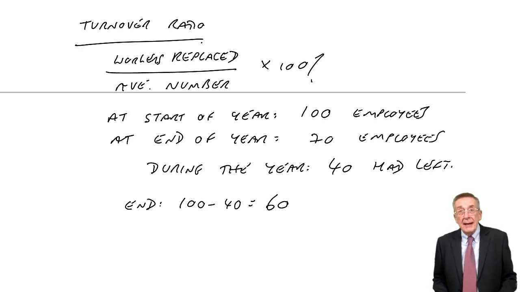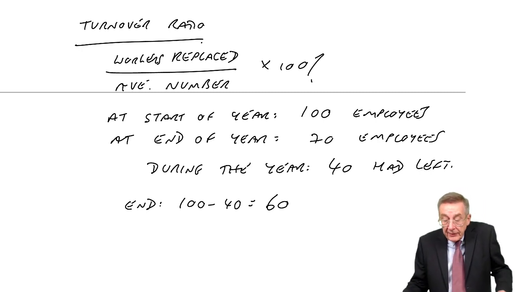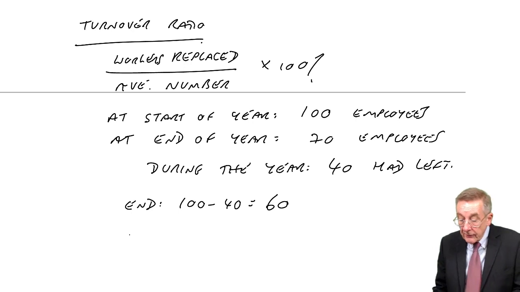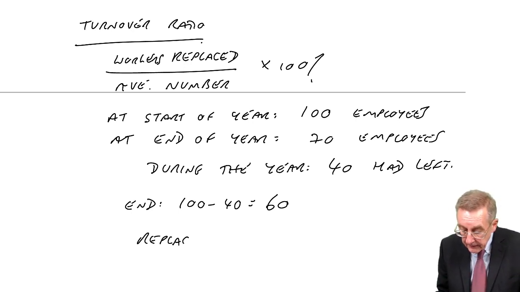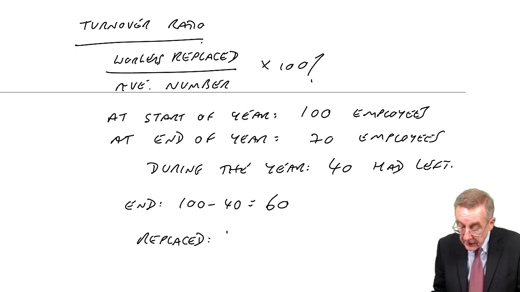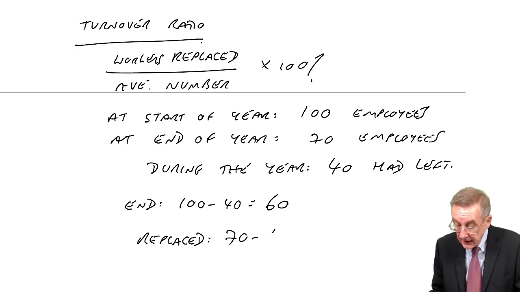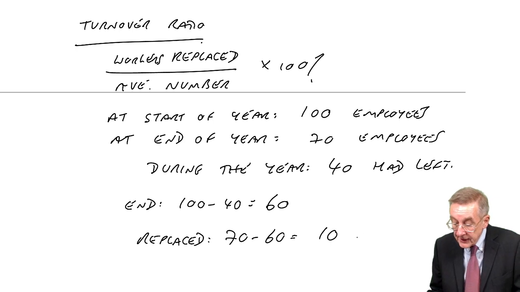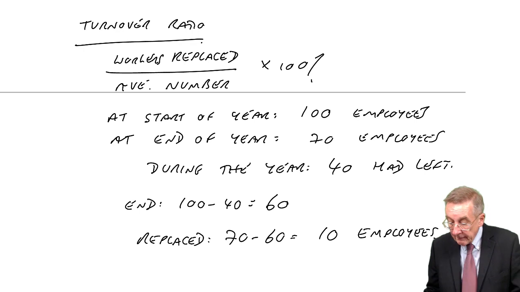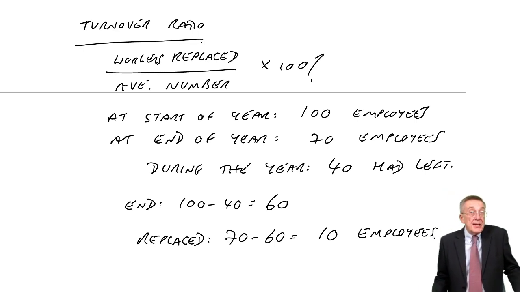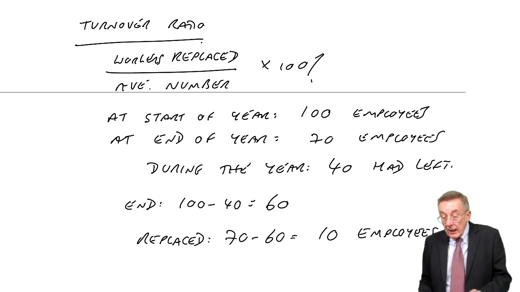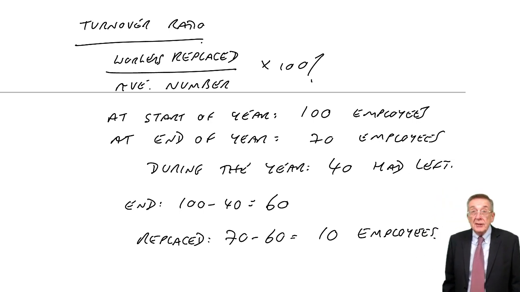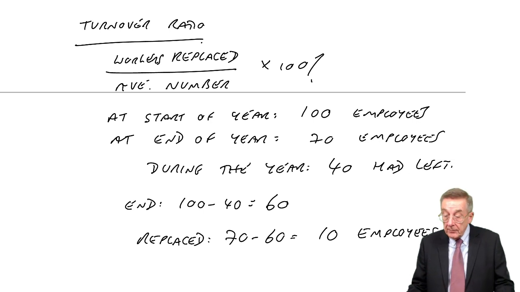But we've got 70. How have we got 70? It must mean that of those 40 who left, we replaced some. It should only have been 60. If we had only 60 left at the end, we haven't replaced any of them. But since we've 70 left at the end, we must have replaced 10 of them.